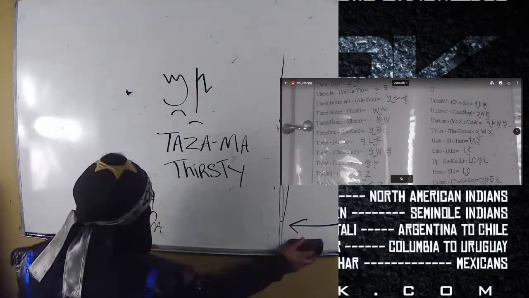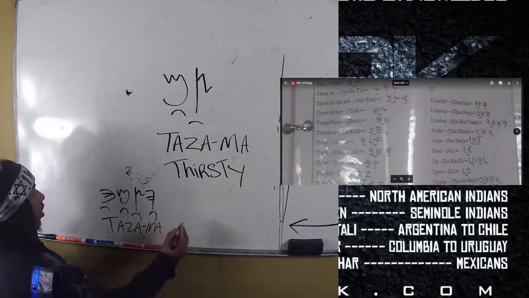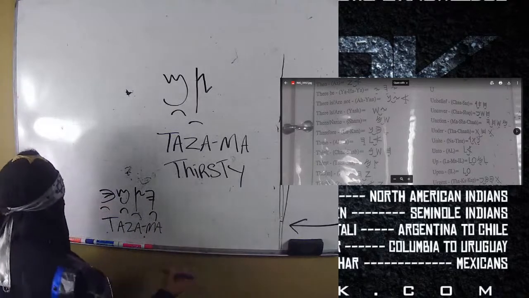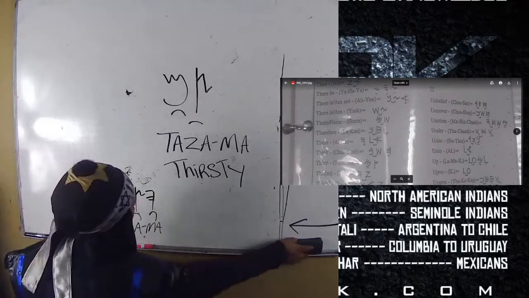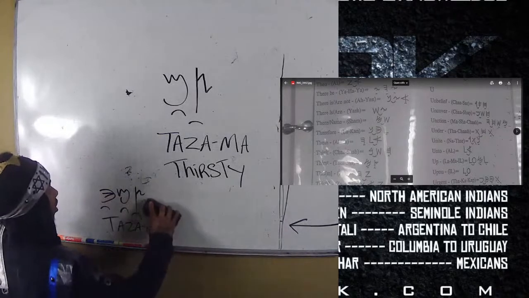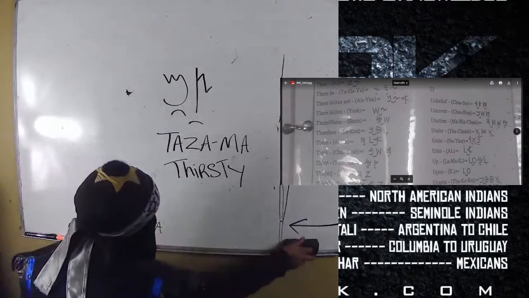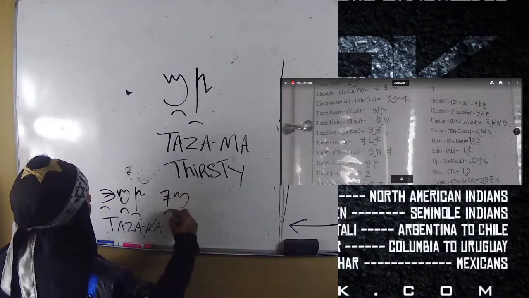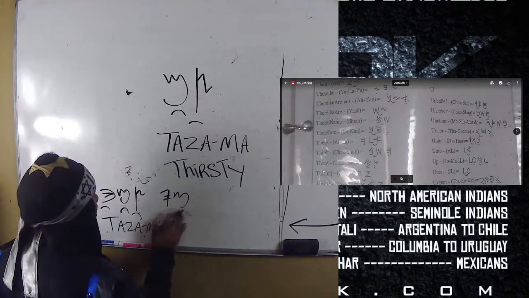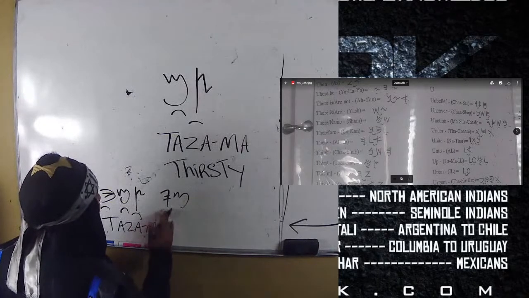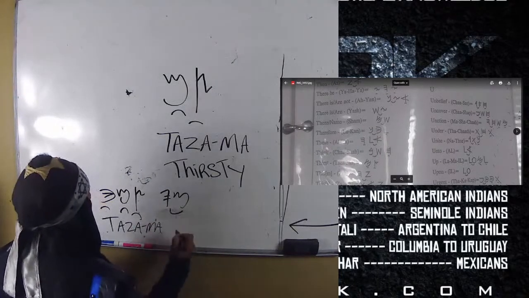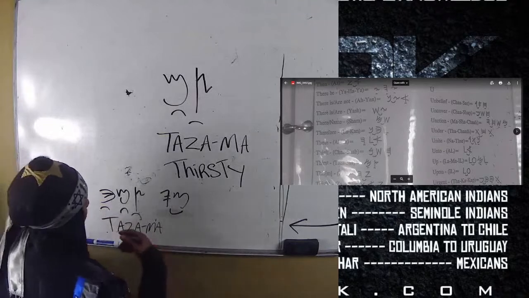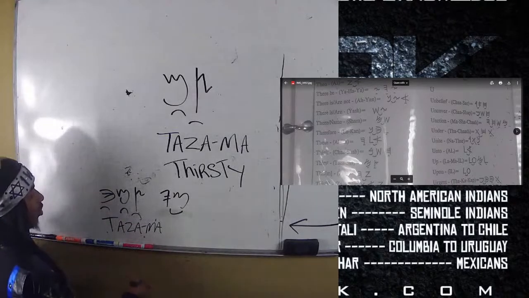You know what I mean? Because whenever it's at the beginning of a sentence, it forms a question or a phrase, right? So, or you can do ma. Ma, I'm sorry, I put my ha. Or you can do ma tazamaka. Matazamaka, meaning are you thirsty?